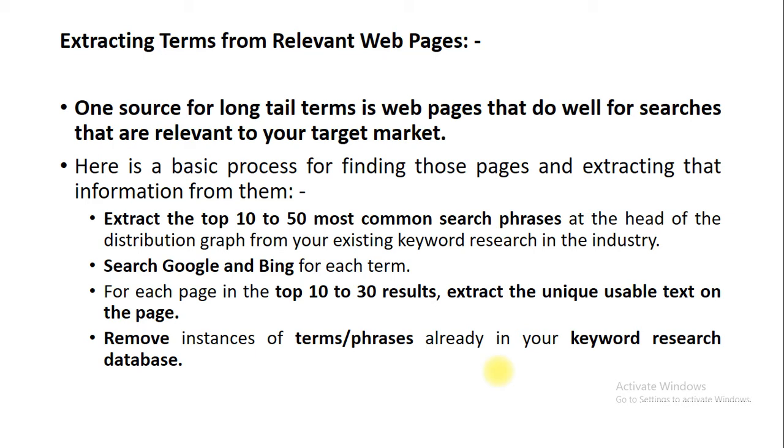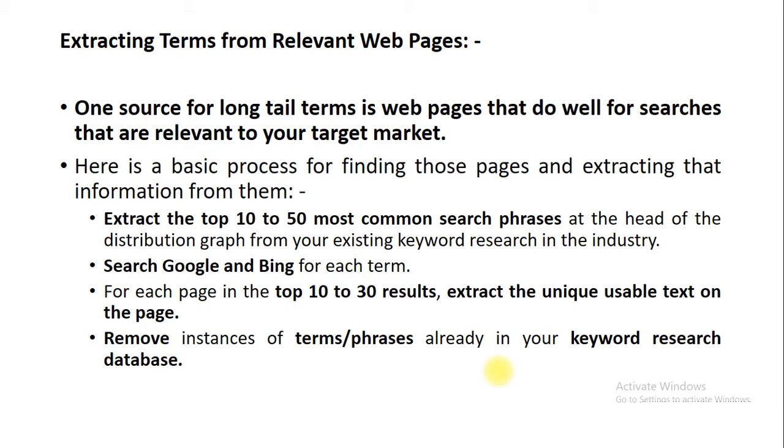Extracting means we are going to cut out particular terms or phrases. One source for long tail terms is web pages that rank for the searches relevant to your target market. There is a basic process for extracting that information from those pages.